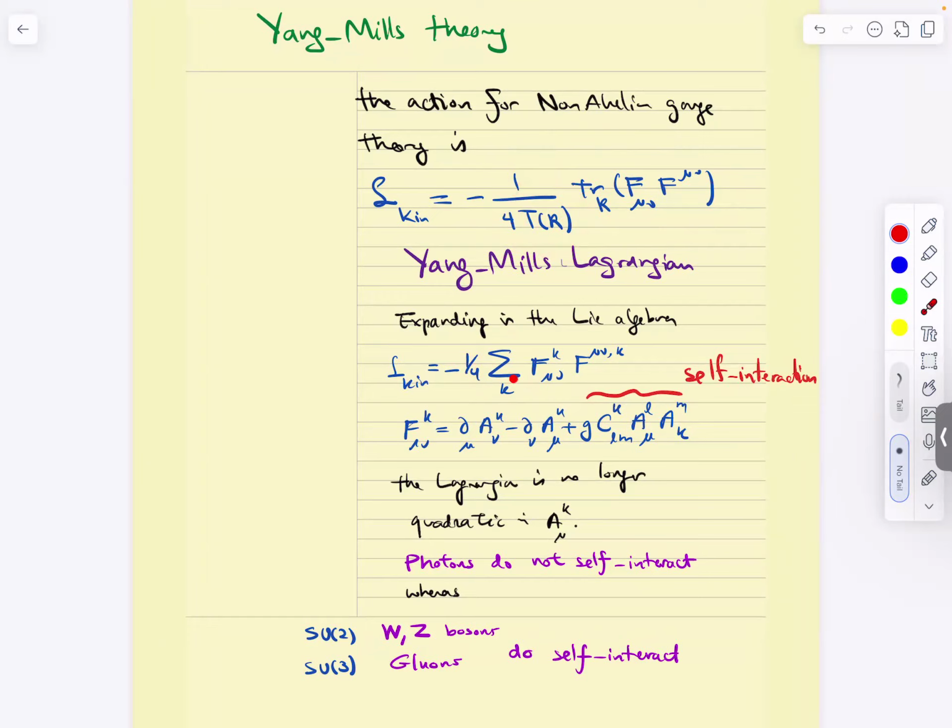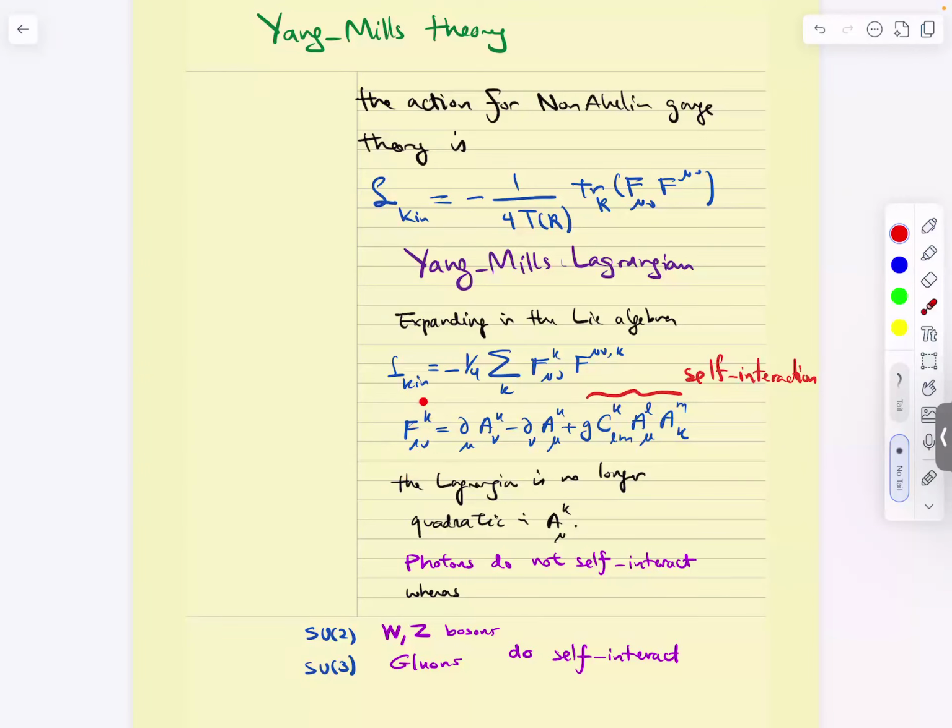You could write this down explicitly as a trace, a sum over k's. Is it clear what k's these are? Field strength is a matrix. And so you could expand it in the elements of the generators. And that's what it is.